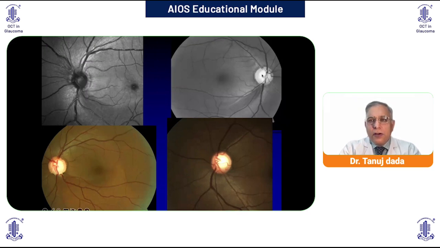So instead of focusing on the cup-disc ratio, you should start focusing on the striations of the retinal nerve fiber layer, which are normally visible, these white striations, and look at areas where there is a dark band, a wedge-shaped defect emanating from the disc. So this is critical for the diagnosis of glaucoma.